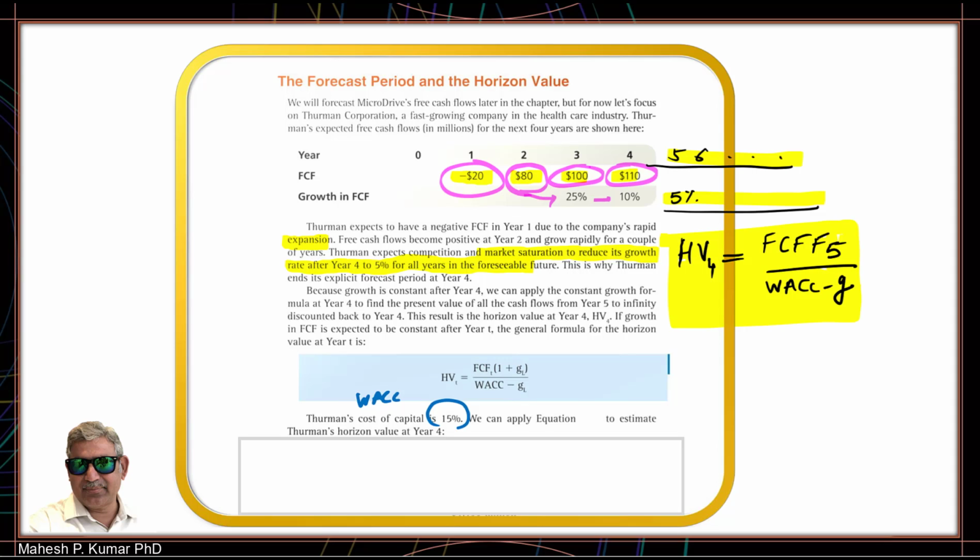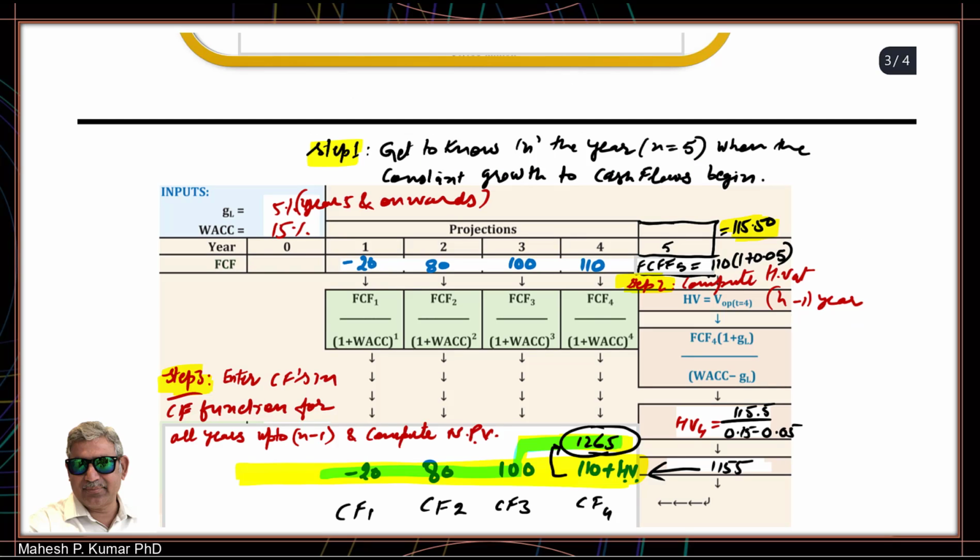Let us take a step-by-step approach to solve this scenario for valuation of the firm. First step is that we should plot all the cash flows: year 1 minus 20, year 2 80, year 3 100, year 4 $110 million, and then from year 5 onwards, constant growth starts.